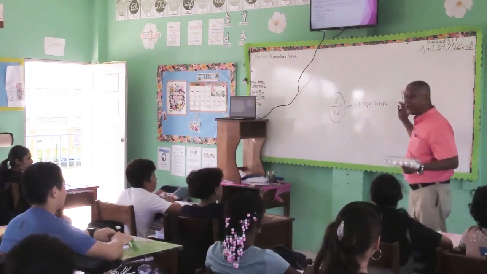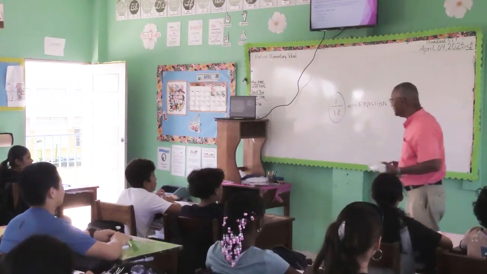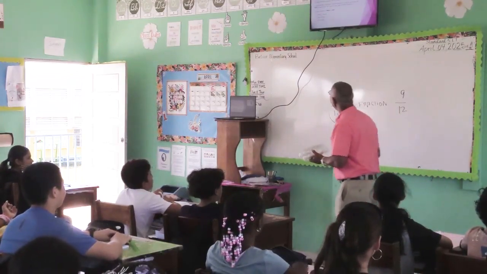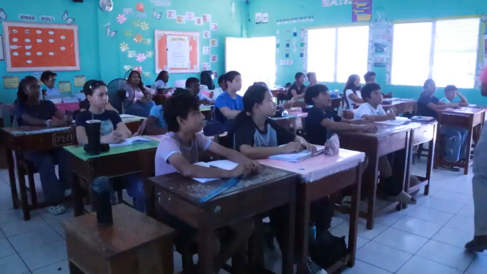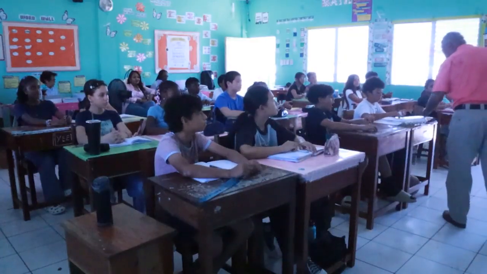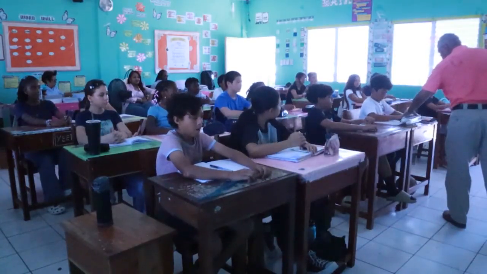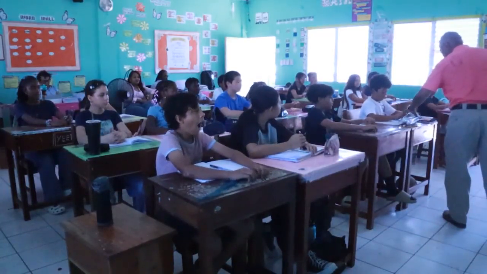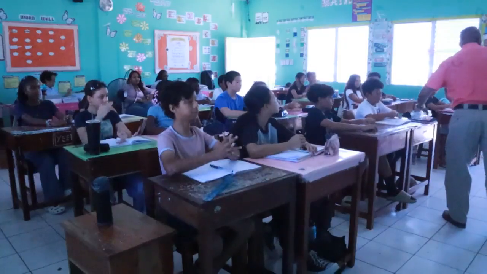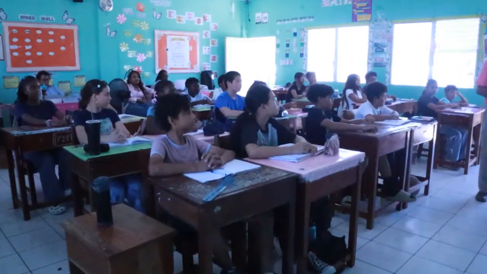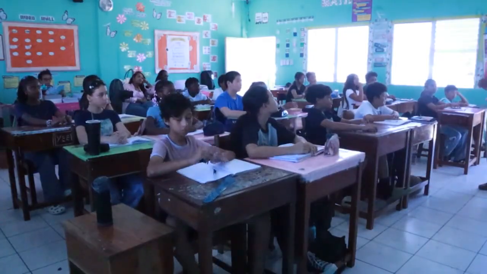Is this also a fraction? Yes, sir. Good. So that's the idea behind it. Can you just put them back in for me? Yeah. So that explains the concept of fractions.